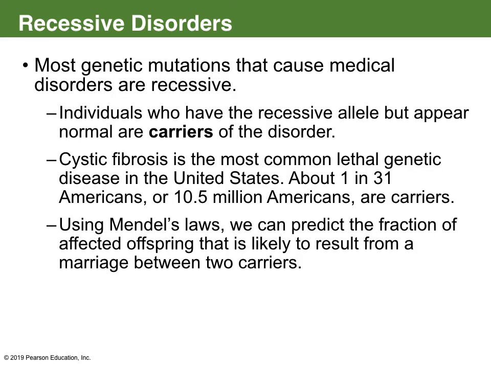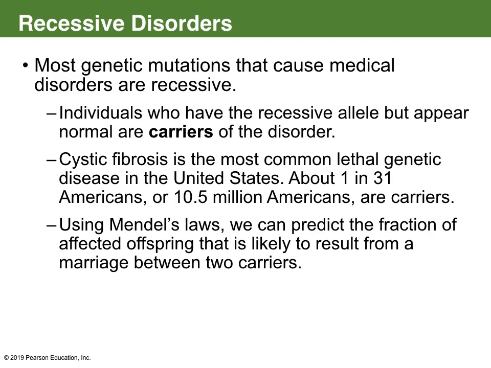But most genetic mutations that cause medical disorders are recessive, right? So individuals who have the recessive allele but appear normal, right? So this would be a recessive disorder. If they have the recessive allele but appear normal, they're carriers, right? They could potentially have offspring with the disorder if the person they have children with is also a carrier, right?